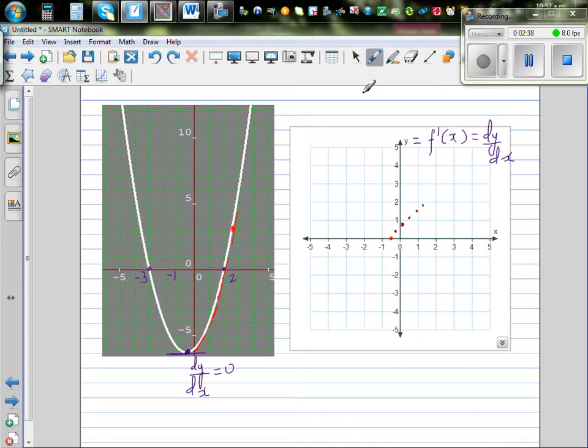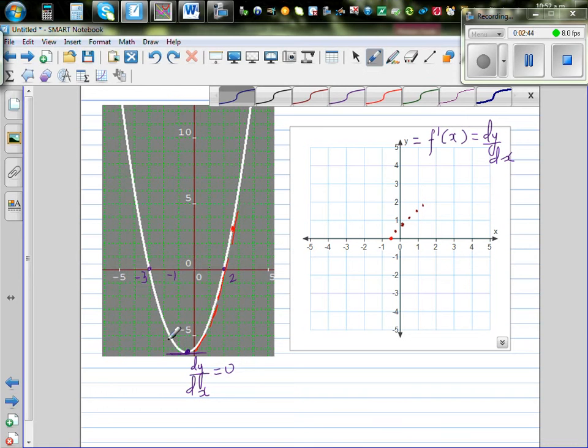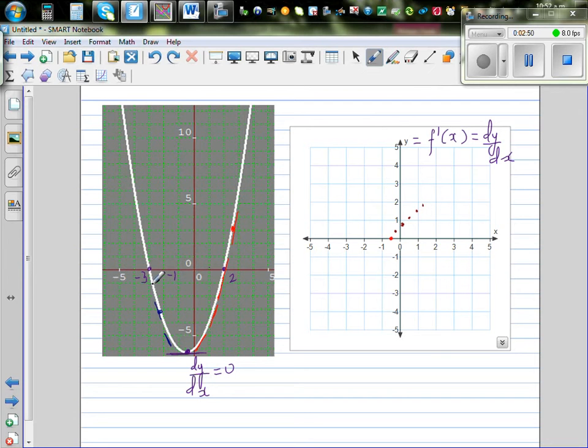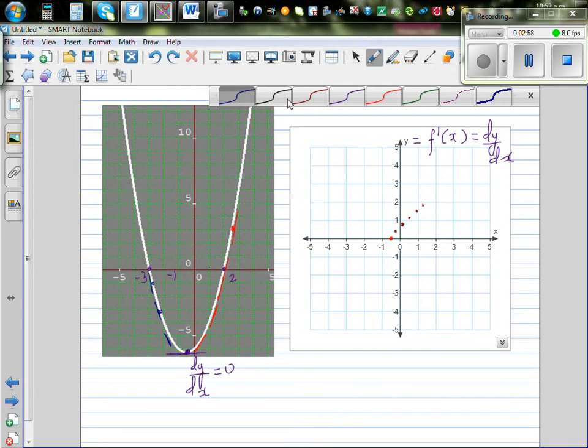If you go to the left of -0.5, your gradient is going to be negative. At this point it's more negative, and at this point more negative. So from this point it becomes negative and more negative. Let's plot that with a blue color.